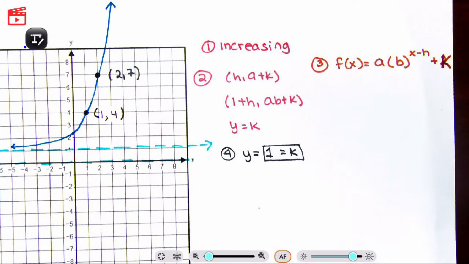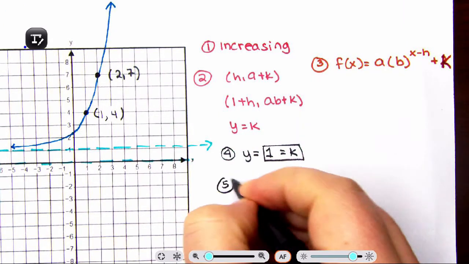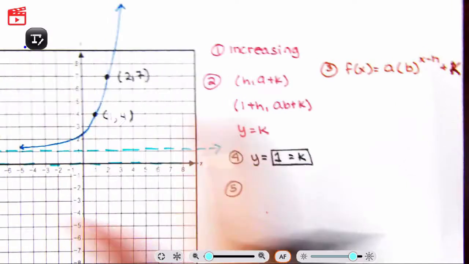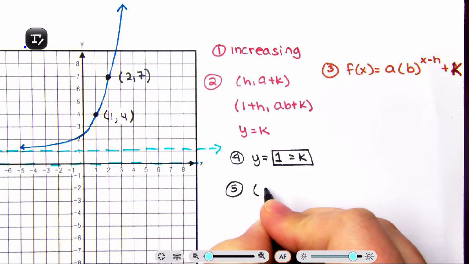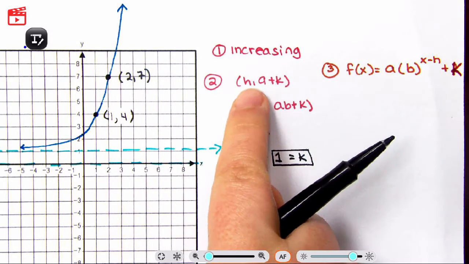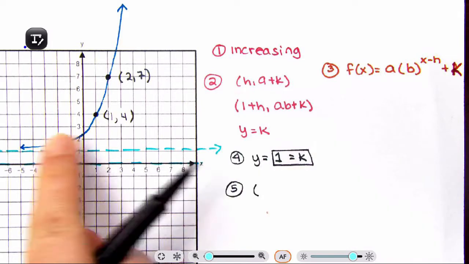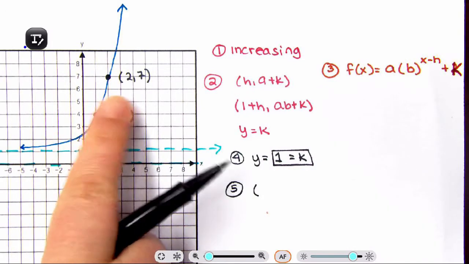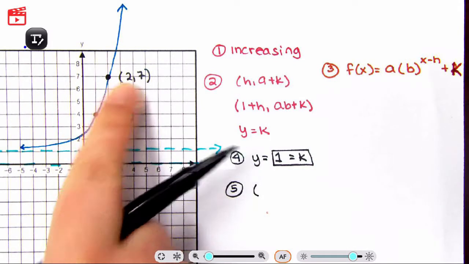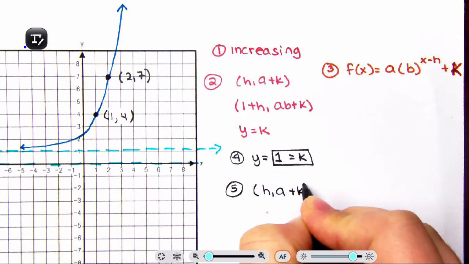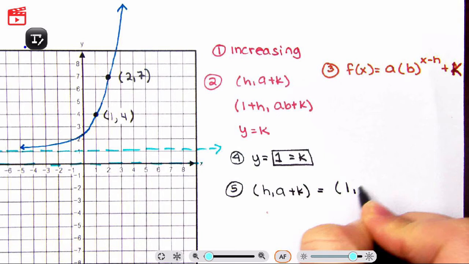So what you're going to do after you identify your asymptote, you're going to take your first reference point, the point closest to the curve. That's going to be your first reference point. You can also think of it this way. If you have an h and you have an h plus 1, you're going to set the 1 with the h. If you add 1 more, that's going to be 2. So your h comma a plus k is now equal to 1 comma 4.